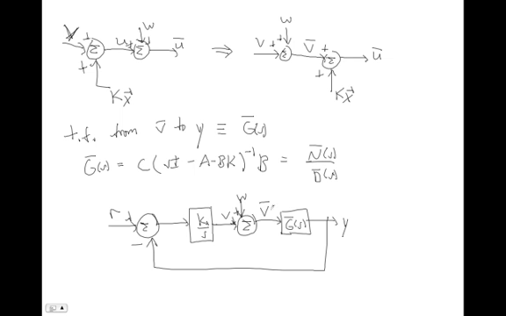Okay, so we already know that the denominator D is the characteristic equation of this original transfer function. And so I'm going to just call that characteristic equation sub S of our original system. Okay.